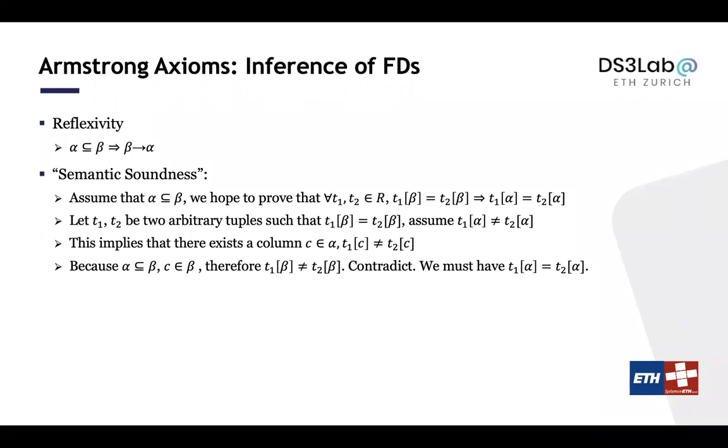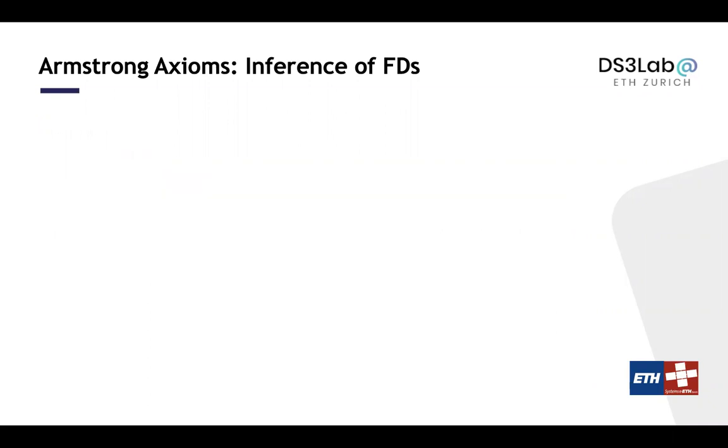So what this shows is that assuming I have alpha and beta, and alpha is a subset of beta, semantically the functional dependency beta to alpha can always be implied. So essentially, applying this Armstrong axiom will give me something that makes sense.